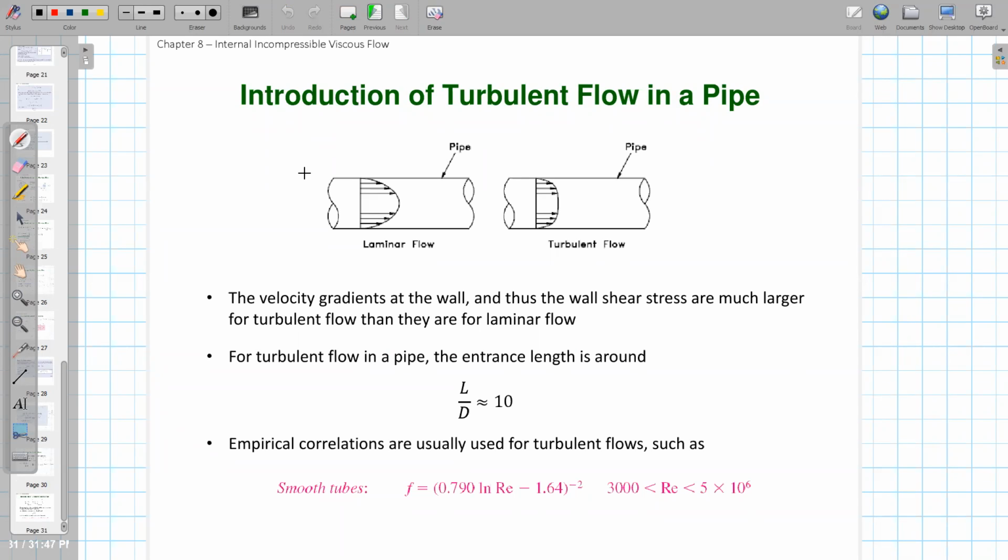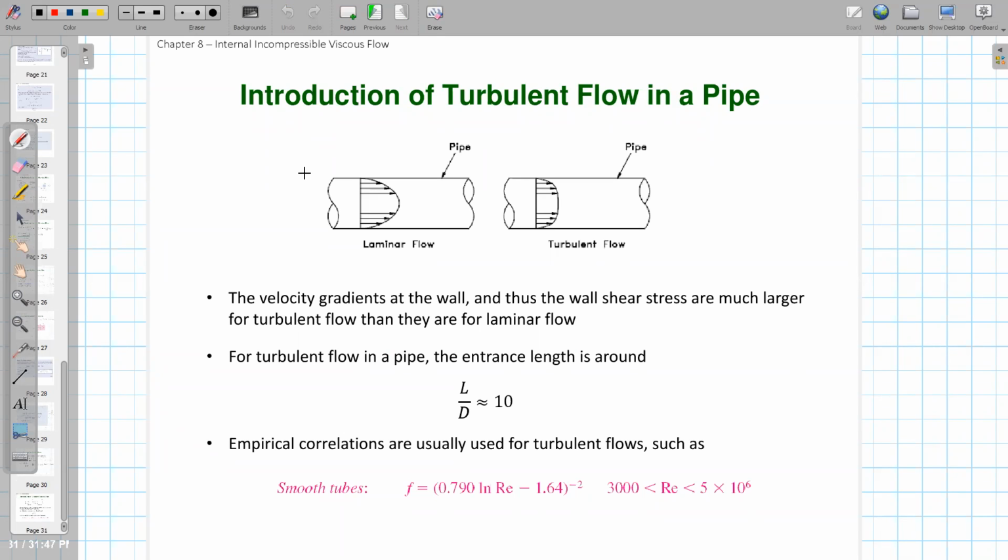With the help of a supercomputer, it's possible to solve this numerically, but it also becomes very expensive if the flow geometry is very complicated. On the engineering side, we focus on the application, right?